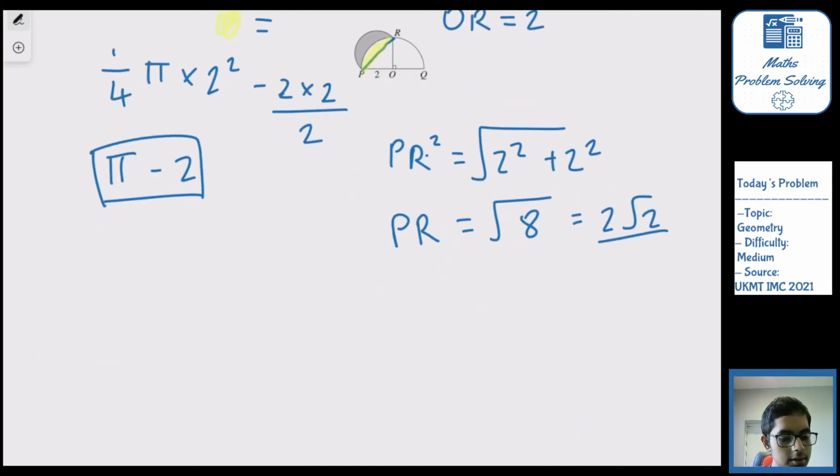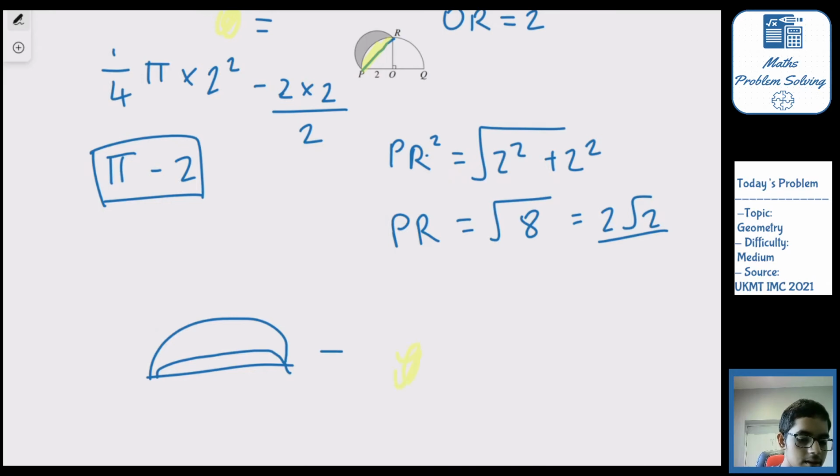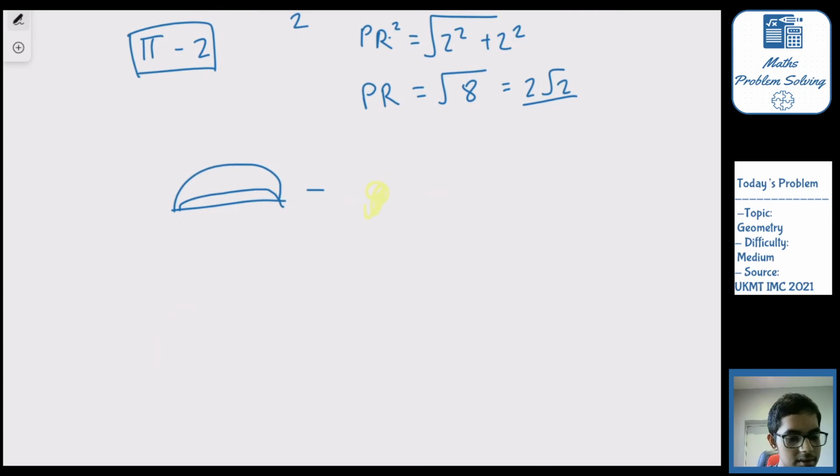And now if we go down a bit over here and redraw this semicircle, we effectively have 2 segments of the semicircle, one shaded yellow and one shaded grey. So the entire semicircle minus the yellow area equals the grey area. The grey area, pun not intended, but yeah.